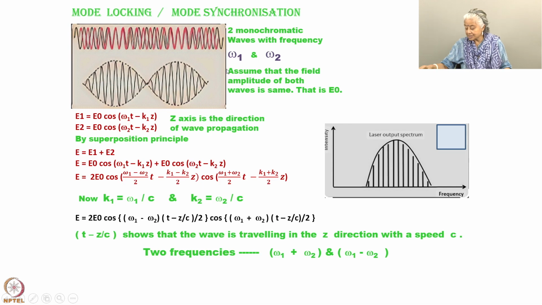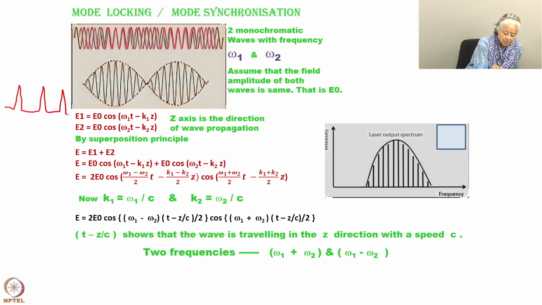You may have heard about beat waves. It comes in sound also. You get a regular beat at a regular interval of time. This happens when two close sound frequencies overlap with each other, and you get this sort of character.